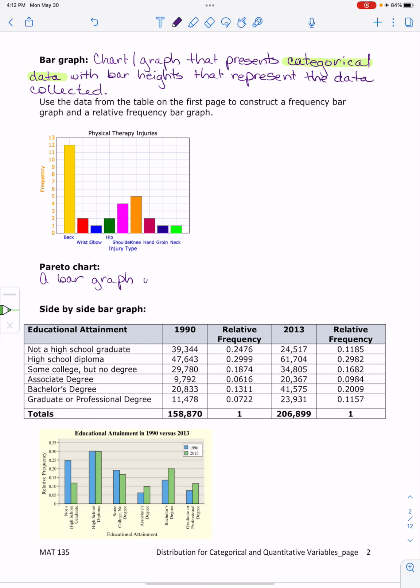So we're going to have the longest bar to the left. So we're going to organize it in terms of the item that happened most often, then the item that happened next most often.